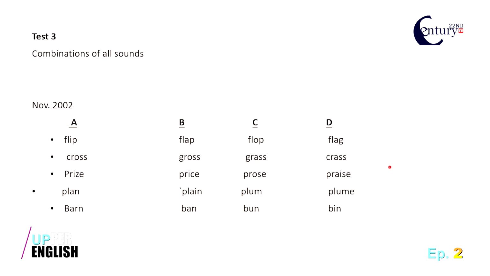Now we turn to test 3. Test 3 is almost very simple. Once you've understood test 1, all about vowels, test 2, all about the consonant, well, test 3 is a conglomeration or combination of test 1 and test 2, meaning it is a mixture of the vowel sounds and the consonant sounds.